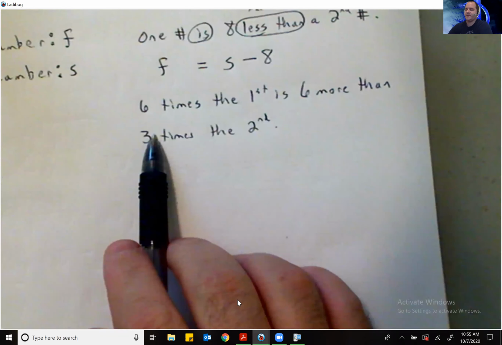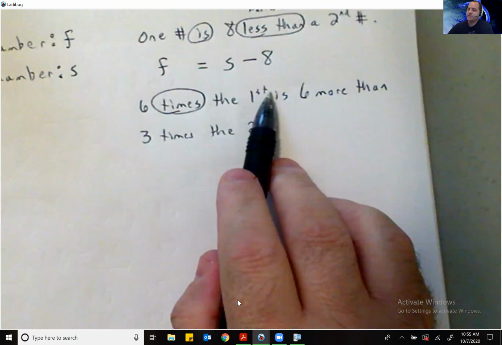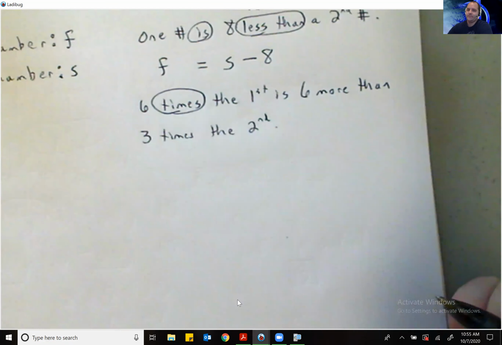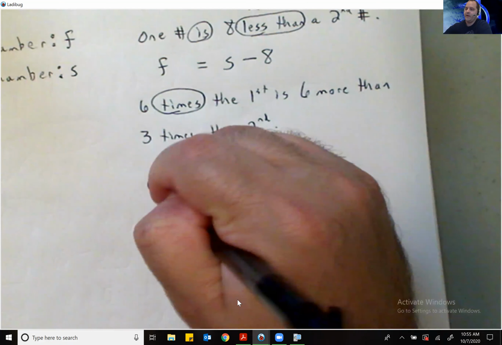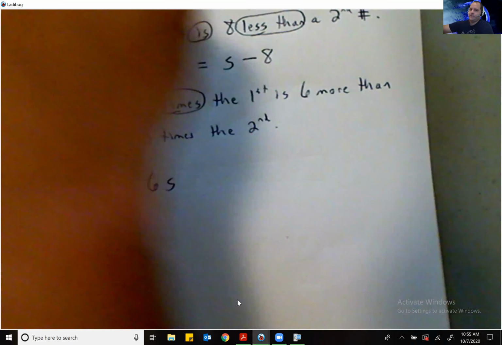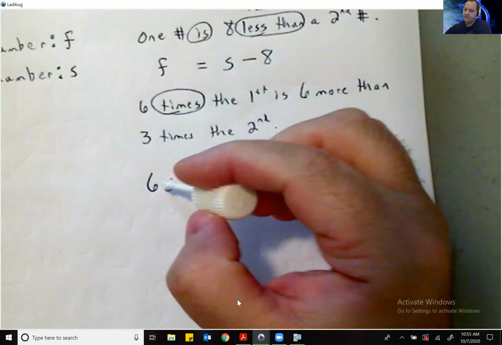Here it says 6 times the first. What does that look like? 6F. Sorry, you said F. So 6F. Easy fix there.